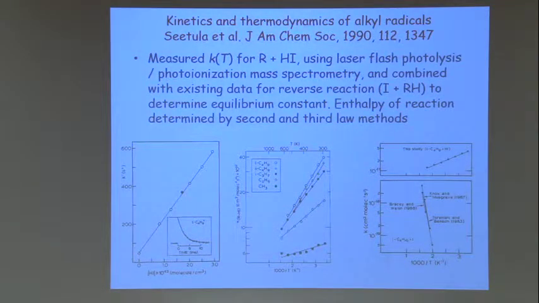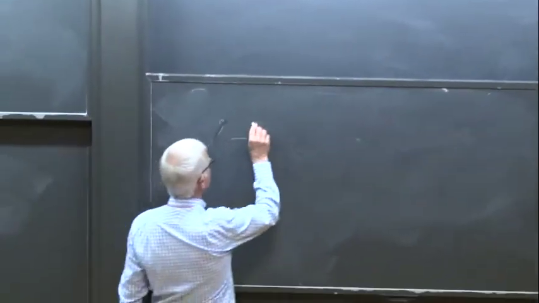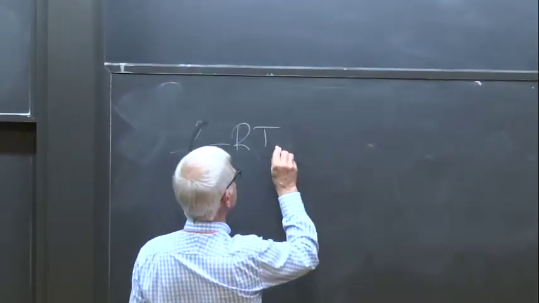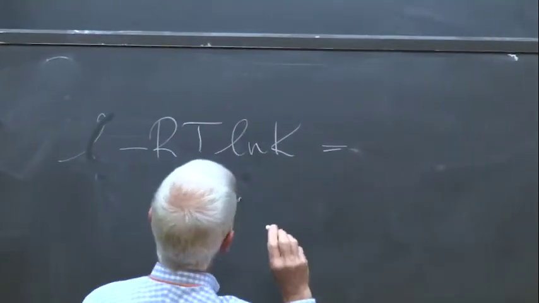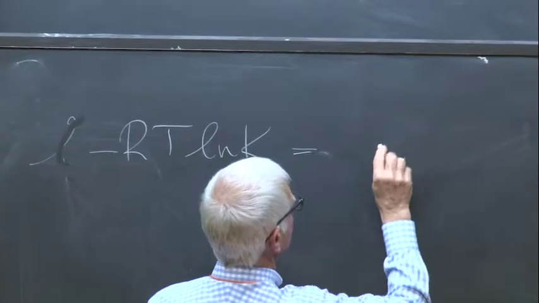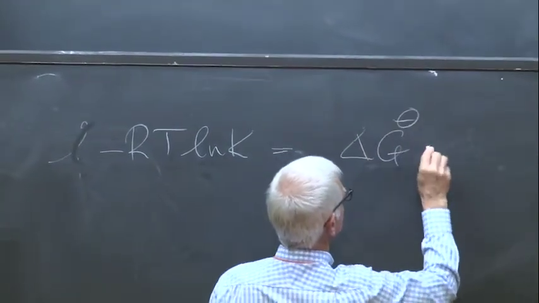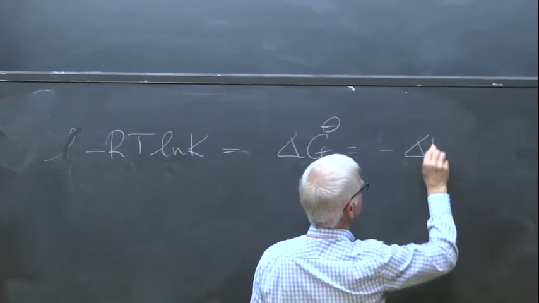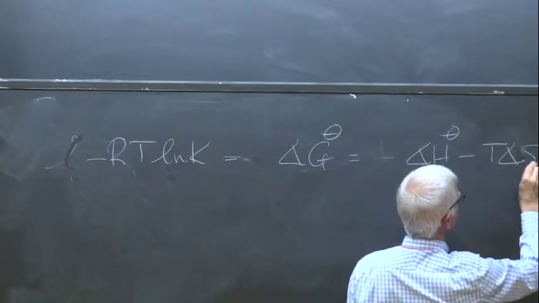So you can say that minus RT log K is equal to delta G standard, which is equal to delta H standard minus T delta S standard.